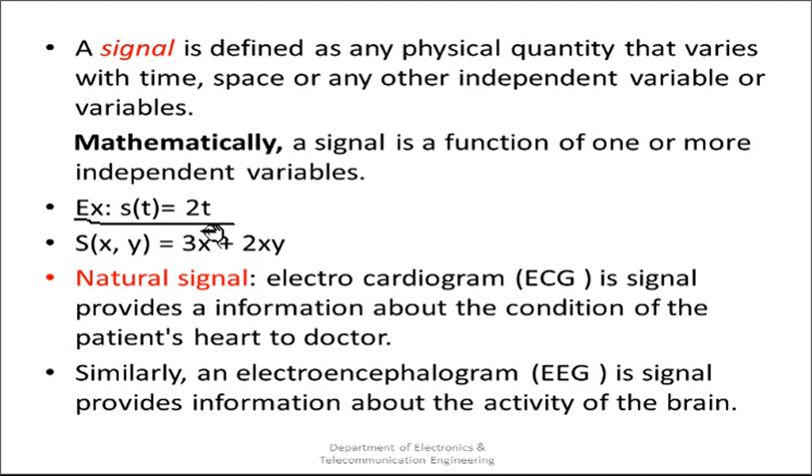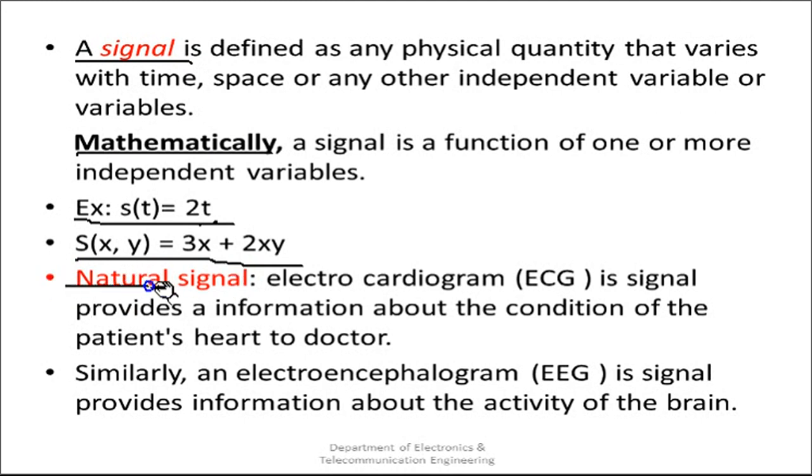It is depending on the variable t. Similarly, in the second example, the equation is given as 3x plus 2xy, meaning based on the values of x and y, s, that is the signal, is depending. So this is the mathematical definition for the signal, and this is the general one. Which are the different types of signal we can observe?